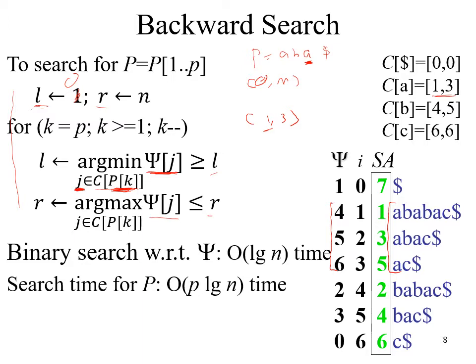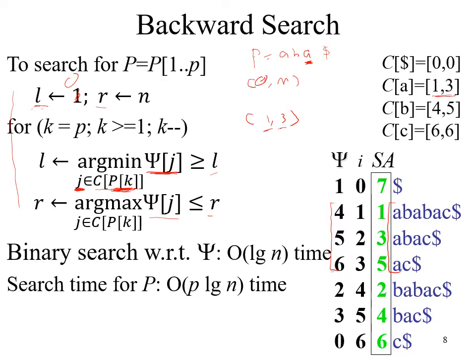So in this case, r equals n, so r becomes 6 and 3. Okay. So we get this one.